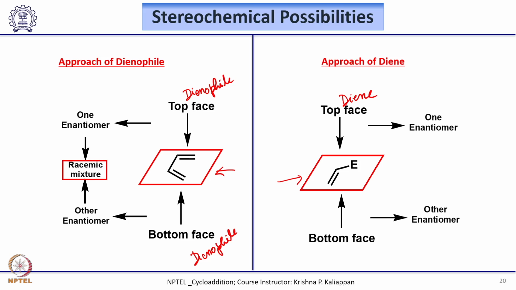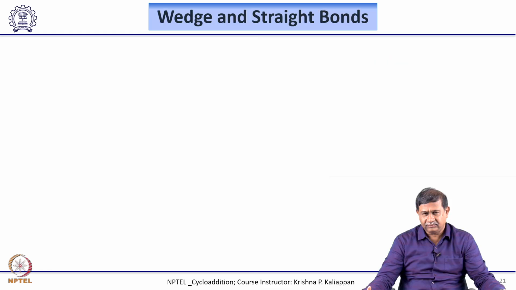In both cases, you get the opposite enantiomer in equal amount. That is how you get a racemic mixture. So you should understand this concept: why in a Diels-Alder reaction, when there is no chiral component in the diene or dienophile, or without using any external chiral catalyst, you always get a racemic mixture.